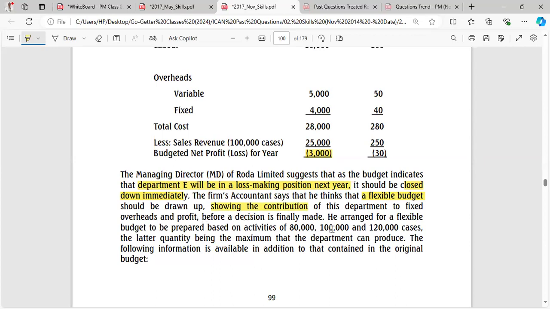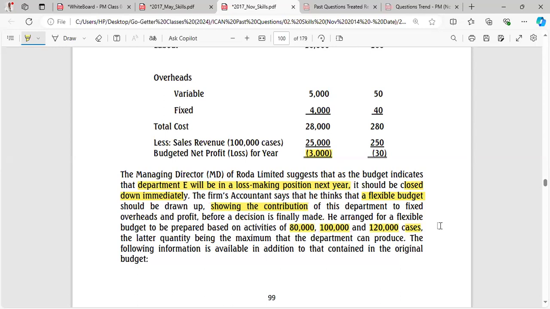So he arranged for a flexible budget to be based on 80,000, 100,000, and 120,000 cases.